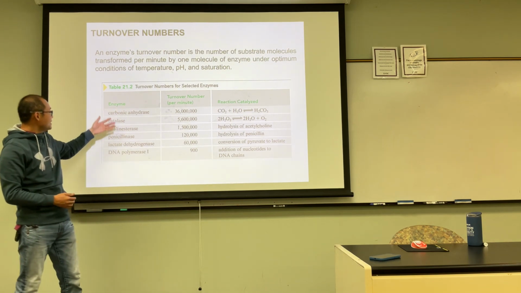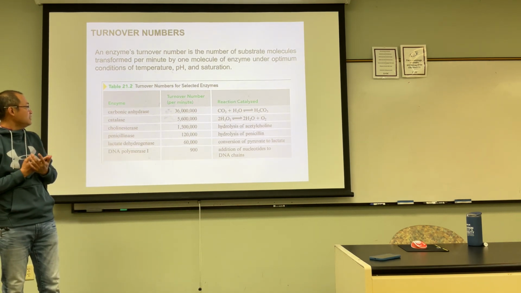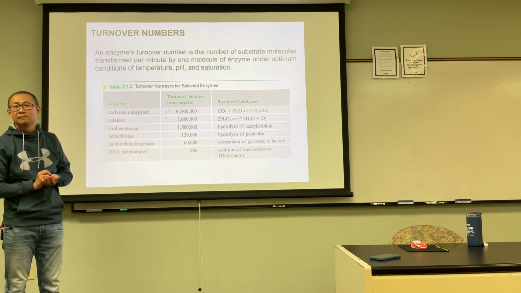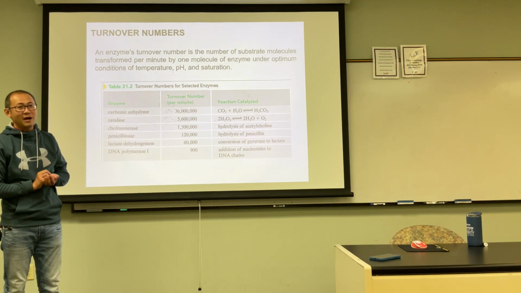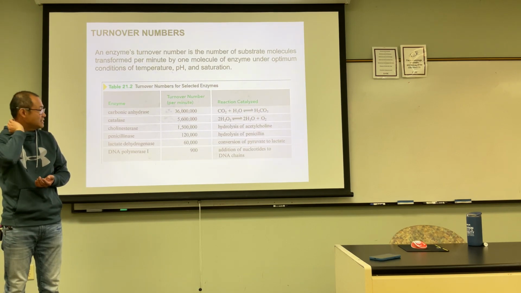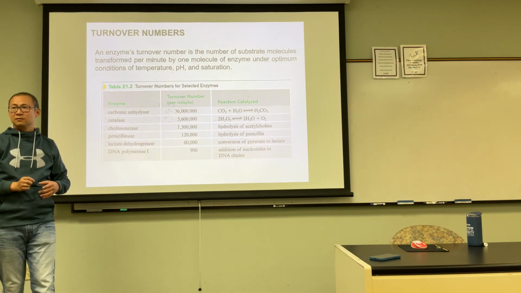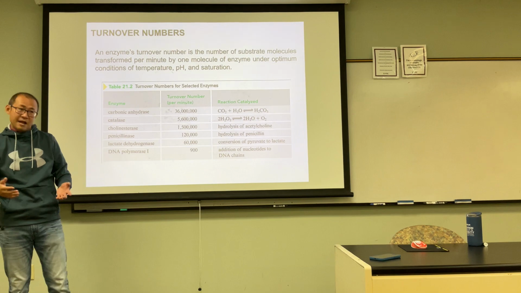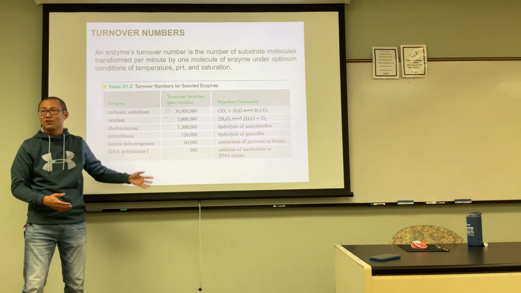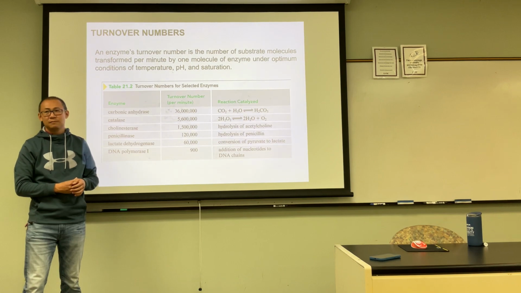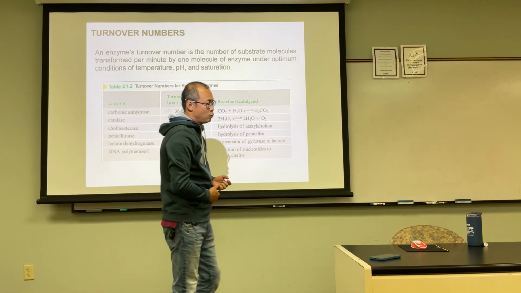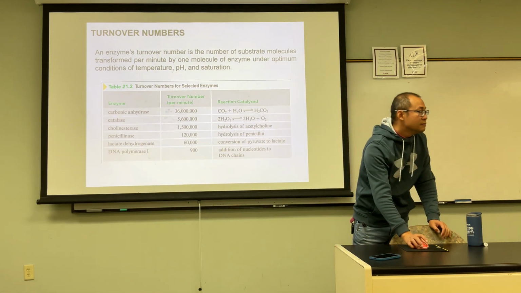Some enzymes, like carbonic anhydrase, can catalyze over 36 million molecules per minute. But some enzymes like DNA polymerase, they're making large molecules, can only catalyze 900 molecules per minute. Depends on the type, but you can see how efficient our enzymes are. But again, enzyme will reach maximum velocity when you have too much substrate.